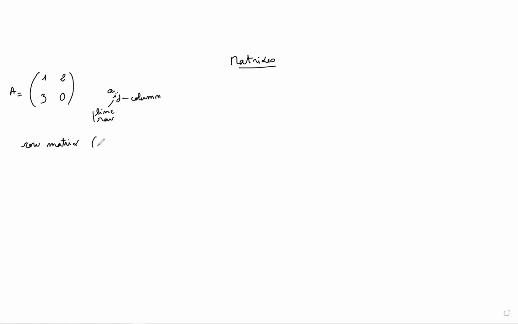It's called a line vector too, which means the dimension here, the number of lines, is 1 and the number of columns can be anything. This is a column matrix. You have one column and several lines or several rows.